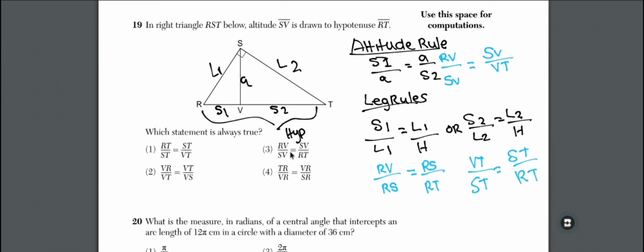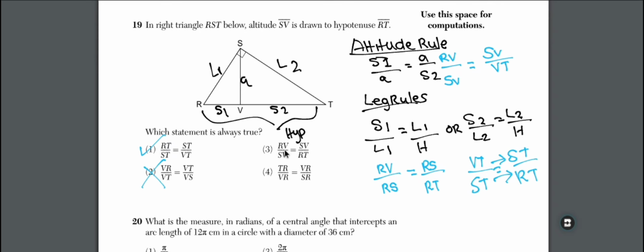Now let me look at my answer choices to see which one matches. So the first one says RT over ST. Well, I have ST over RT, and these are interchangeable. Is equal to ST over VT. As long as I can see that my thing matches up, that works. So this answer choice is valid. Number 2 says VR. Where do I see VRs? I see VRs in these two. Over VT. I don't have a VR over VT, so I know that does not work.